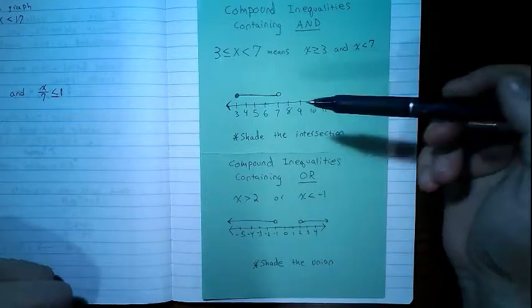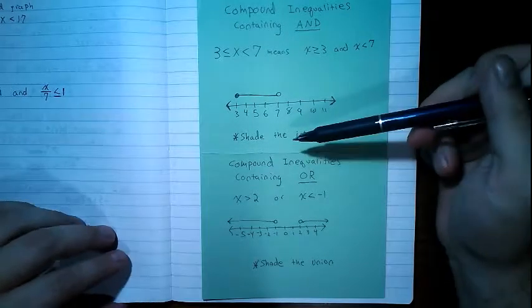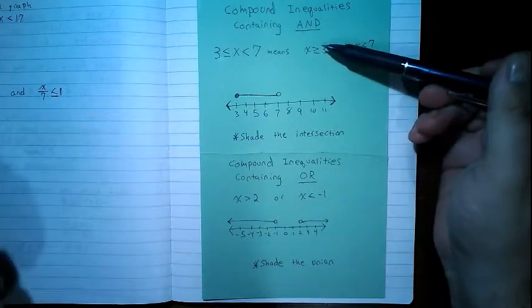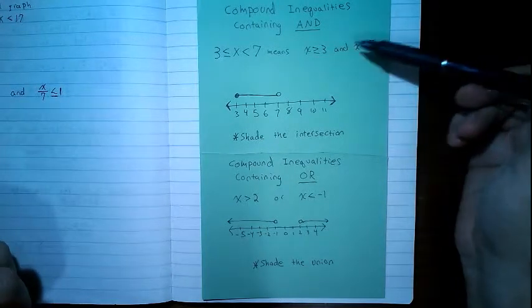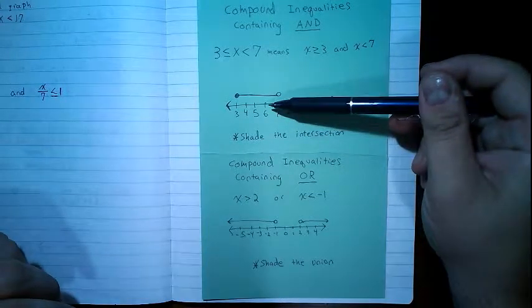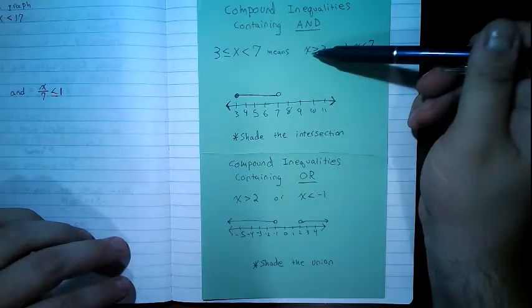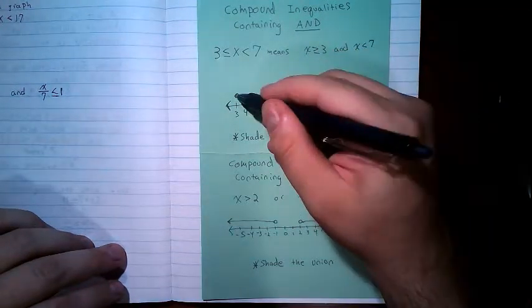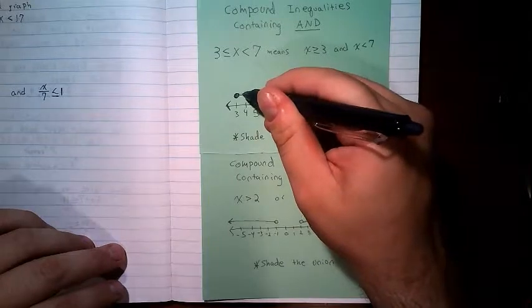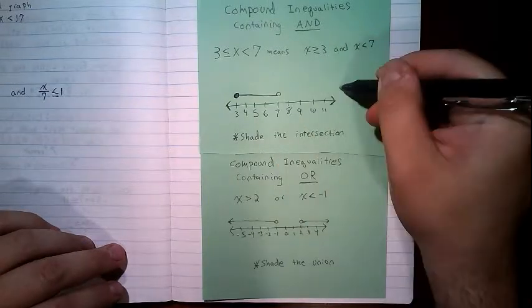Now if you want to show this as a graph, well, what are the values where x is greater than or equal to 3 and less than 7? So we start looking at the number line. We know that it's greater than or equal to 3, so that looks like a closed circle, right? And then shading all the way to the right.